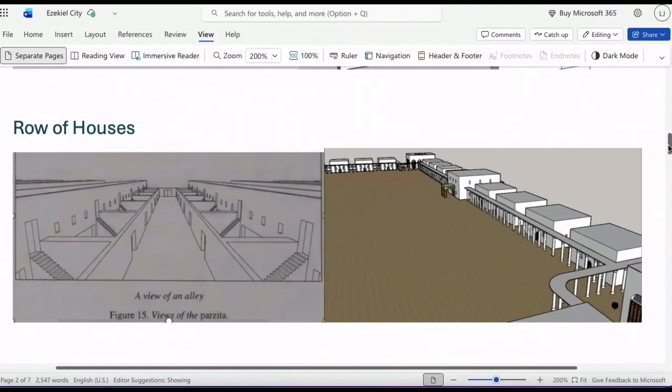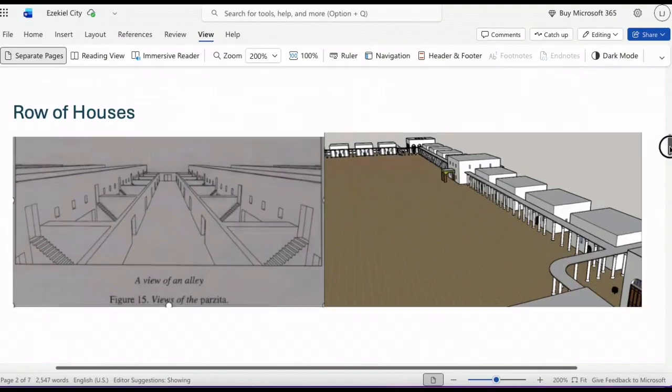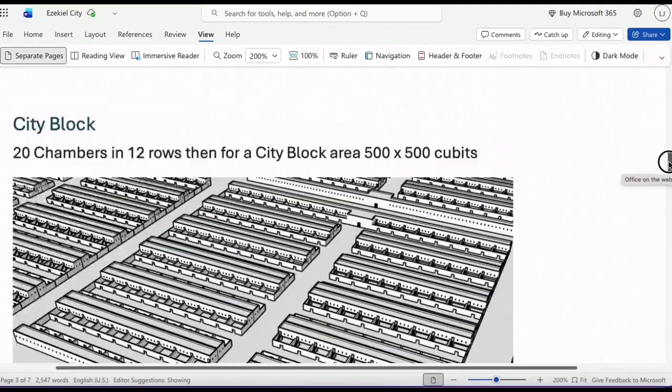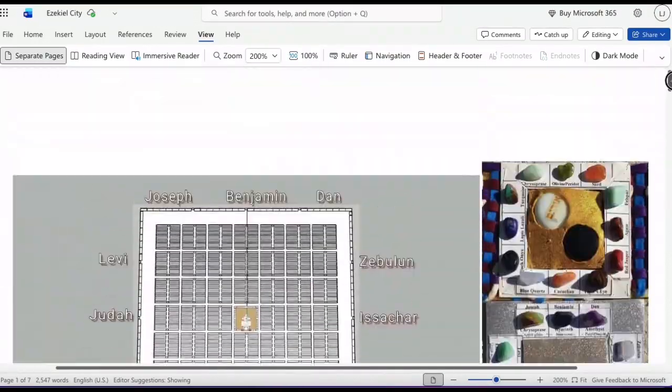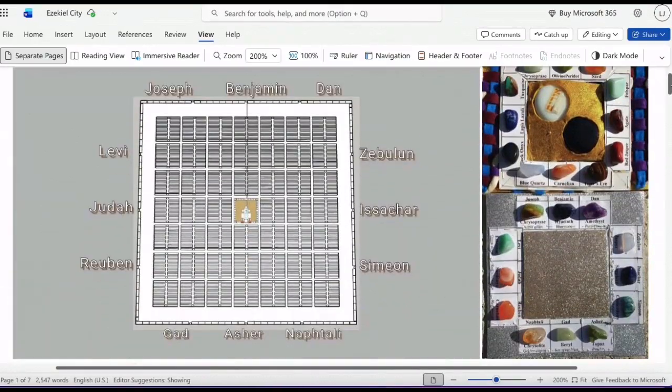And they form rows of houses, and those rows of houses form a city block. And so that is the Most High's city, and we give him all the praise and honor and glory for this information to piece this together.